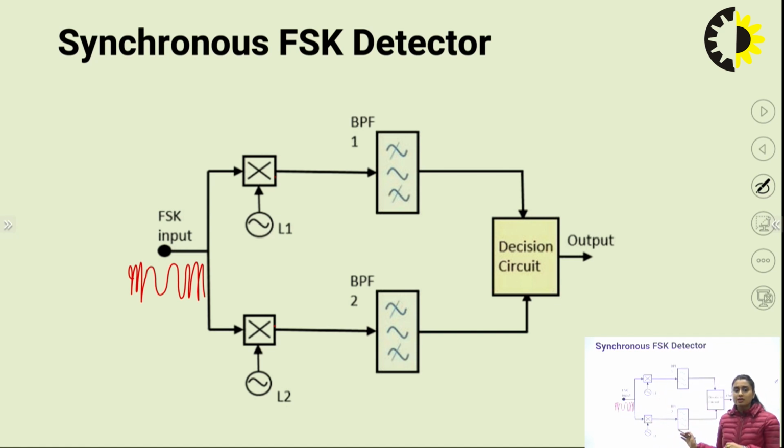So this is a kind of synchronous detection. That means coherent detection, which means here my receiver will have knowledge of the transmitter. It will have the oscillator generating the same frequencies as generated at the transmitter, which are my F1 and F2 frequencies. And we have two band pass filters tuned to pass my F1 and F2 frequencies. The window is kept like that.